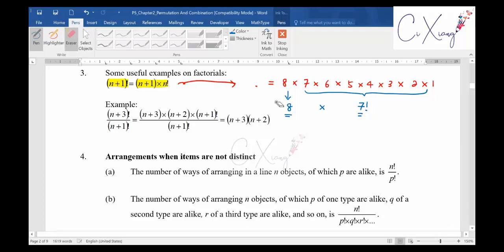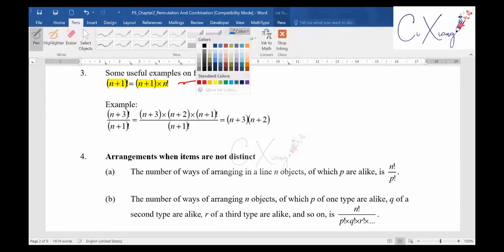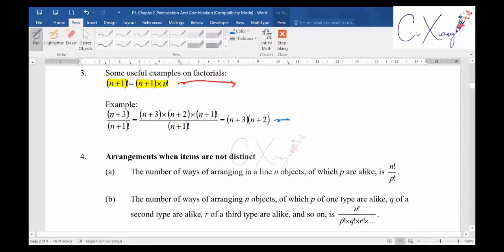Again, if you don't really understand what it means, you can use a number line to help yourself understand it. Let me give you another example: 8 factorial divided by 5 factorial. Here 5 plus 1, sorry, is 6.